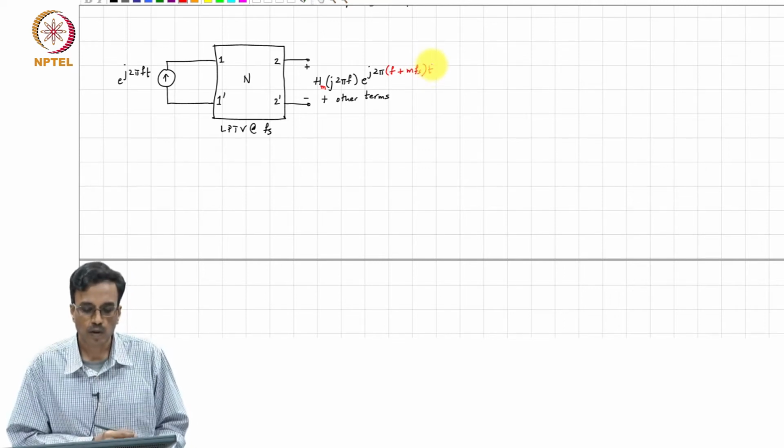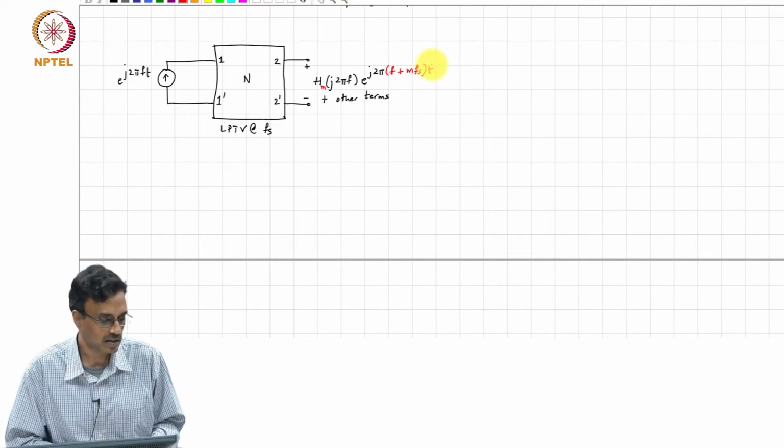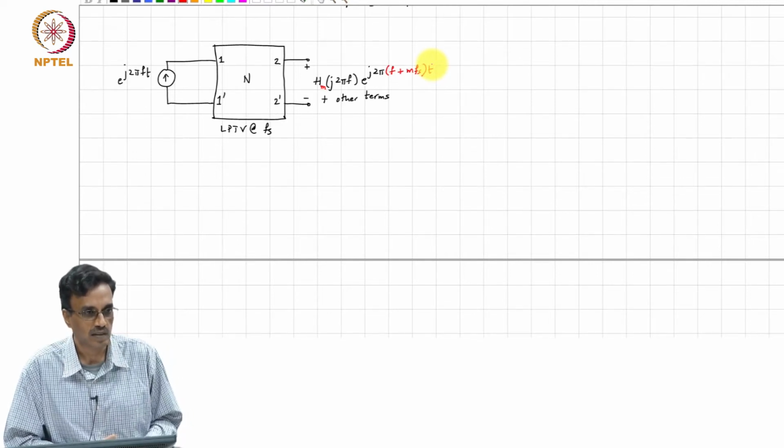And the question is, how can we exploit or understand reciprocity in this case?